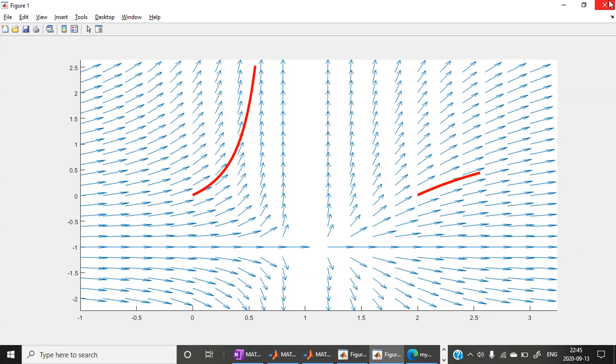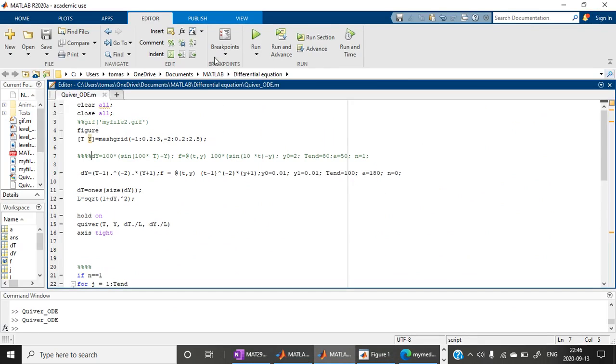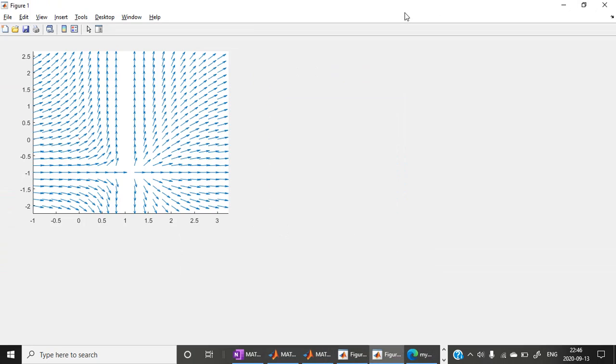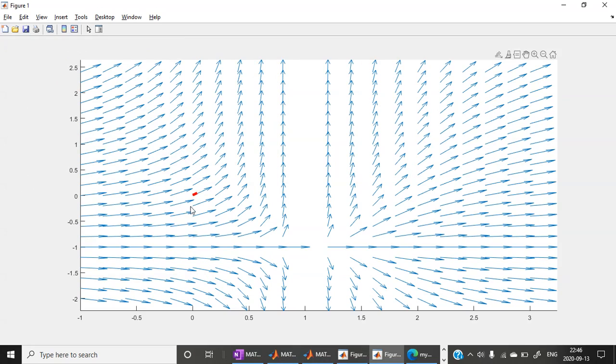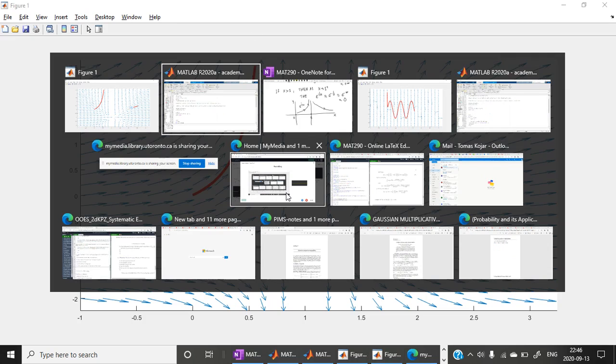Okay, let me run it one more time. So solution goes up to infinity when x is less than 1, and when x is bigger than 1, if you start the solution from here, time 2, you will go to 0. But if you start at some time before 1, you will go to infinity. Okay, so that's it.